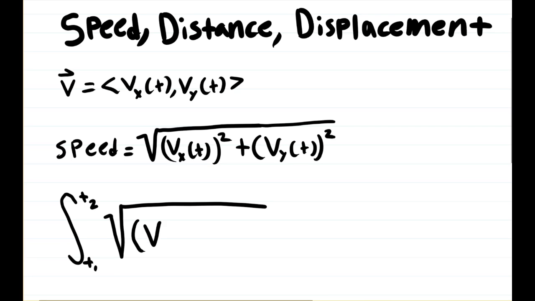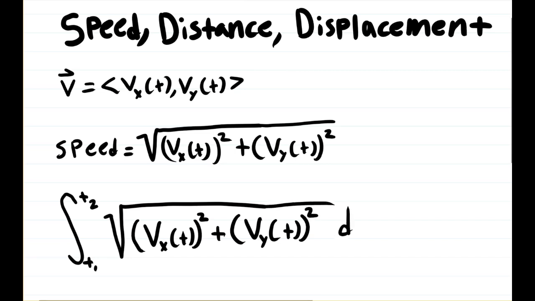So the square root of v sub x of t squared plus v sub y of t squared. So what does this give us? Well, this gives us the total distance traveled by our particle from time 1 to time 2. And so this is distance. It's not displacement, but it's distance.